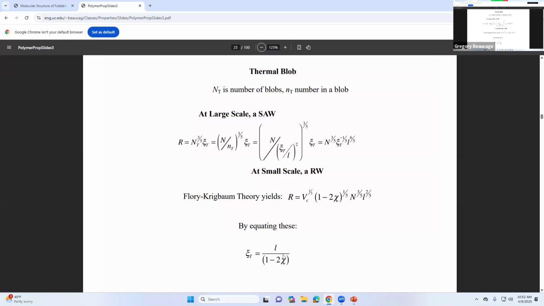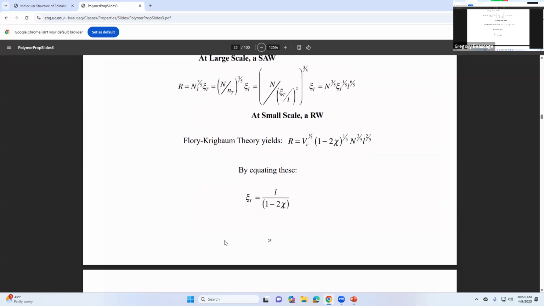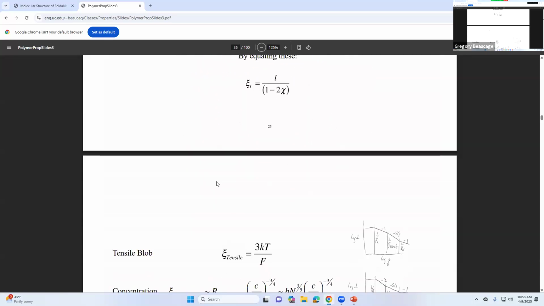So as you make things worse and worse, the whole thing becomes Gaussian. And as you make things better and better, the whole thing becomes an expanded coil. So you're kind of eating it up from inside out, and there's a function that just describes that. That can be verified more or less experimentally. So it's been verified.